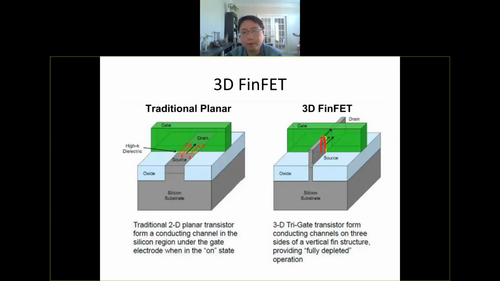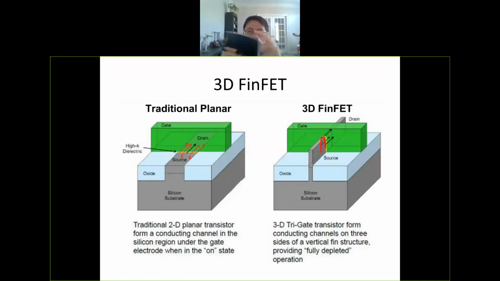The gate has better control of the channel, because it can have both sides to control the channel. In the planar structure, it can only have the top surface, only one side controlling the channel. But in the three-dimensional FinFET structure, the gate can have better control over the channel. So you can have more gate control. That means the drain effect will be less.